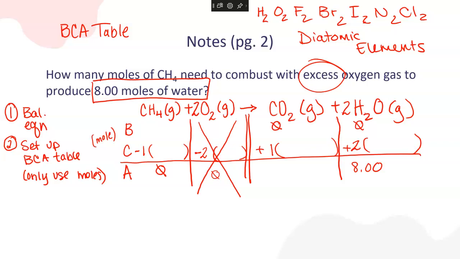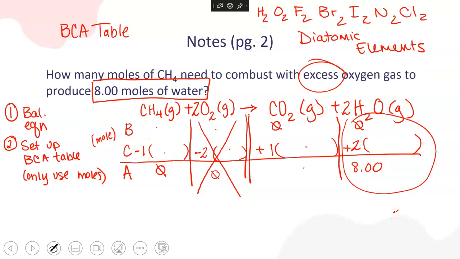Okay. So the change uses the coefficients. The parentheses we're going to fill in where we only have one unknown. Notice I have two unknowns here, two unknowns here, two unknowns here. I only have one spot I don't know here. I can call this x temporarily and set up an algebraic expression. You ready?